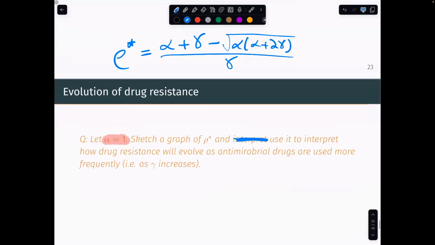We're sketching rho as a function of gamma. Yes, rho is a function of gamma. I set alpha equal to 1 here just to make it simpler. Obviously, one could consider how this would vary as alpha varies as well.